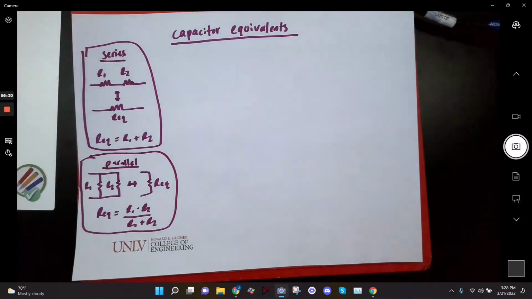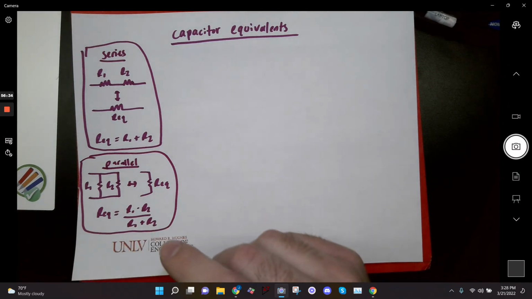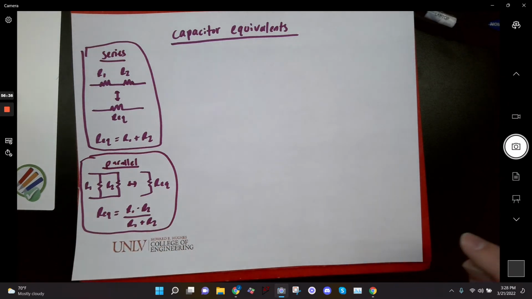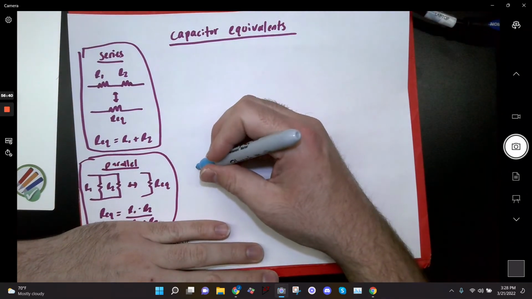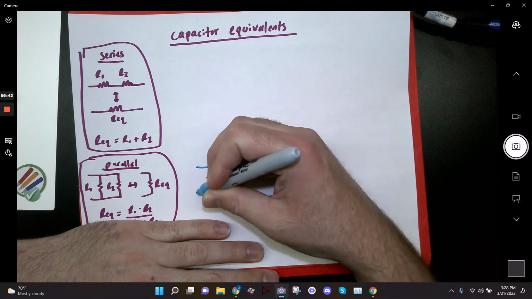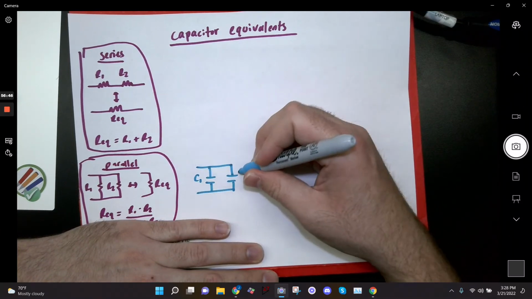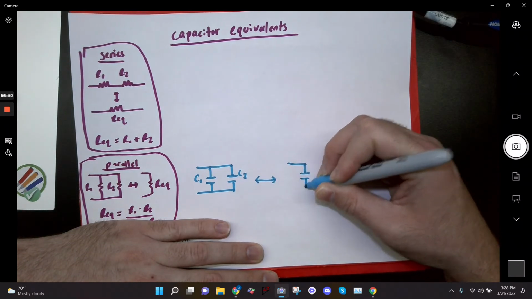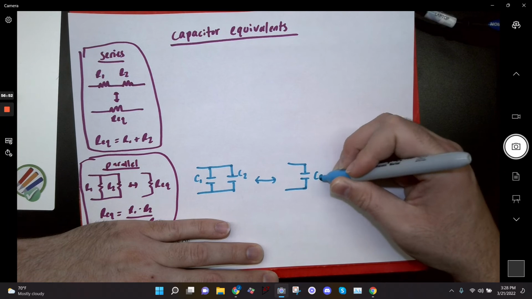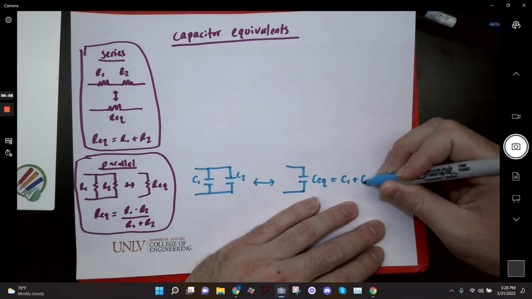Alright, so capacitors are the exact opposite, which is good for you guys, because that means all you have to worry about is adding them. So if I have parallel capacitors now, their equivalent capacitance is equal to C1 plus C2.